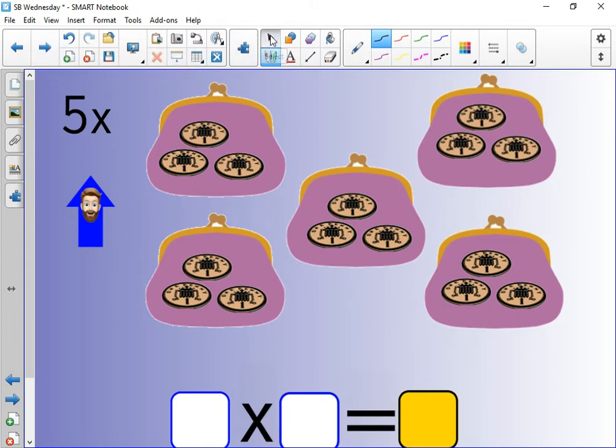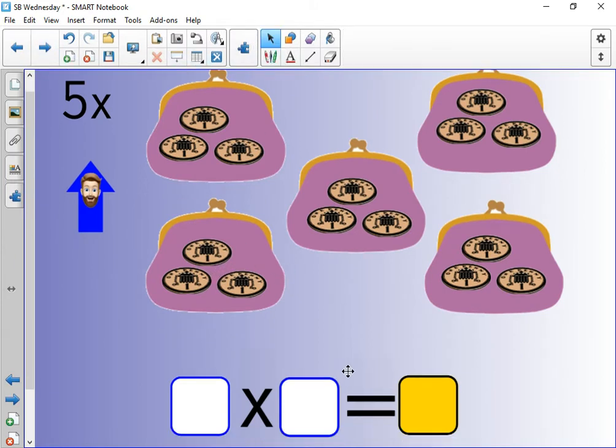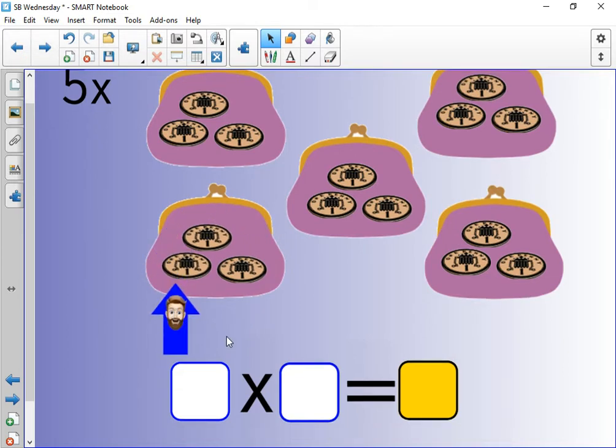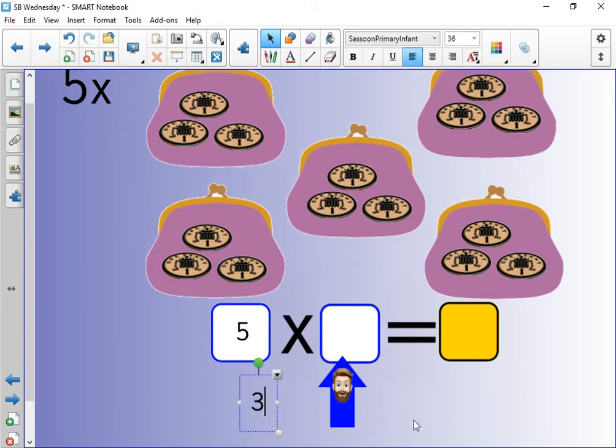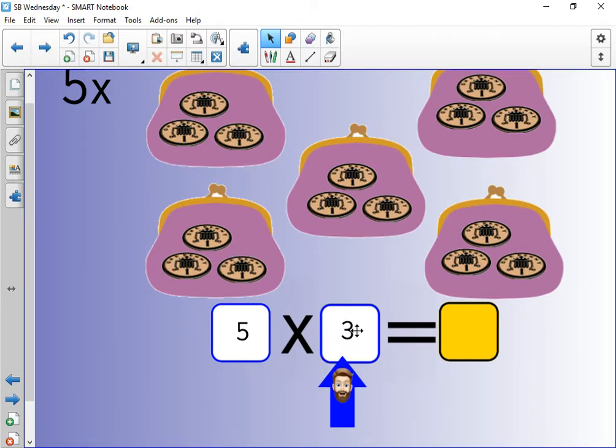In this example, the purses are the groups. So I've got 5 purses, and I've got 3 pence in each purse. So what's my calculation going to be? 5 times, what's going to go here? 5 times 3, good job. 5, because I've got 5 groups. 3, because I've got 3 in each group.